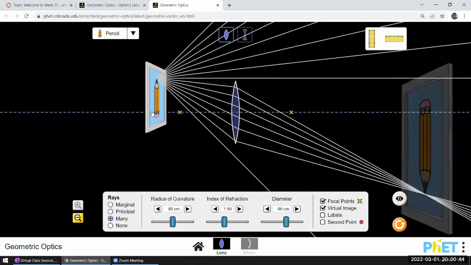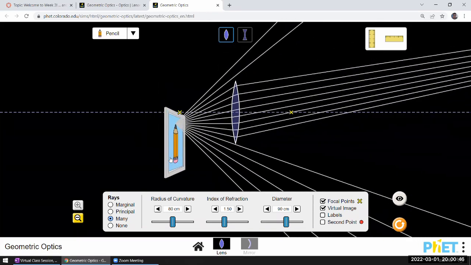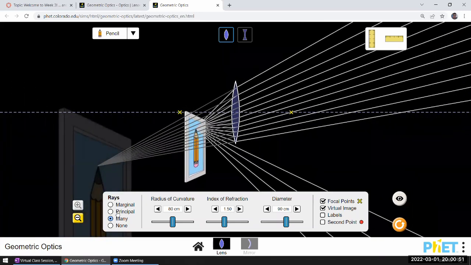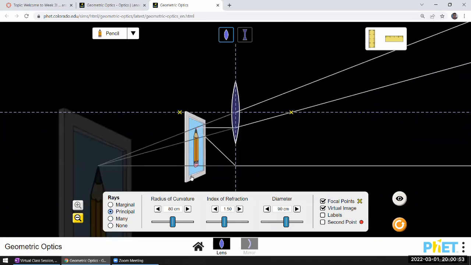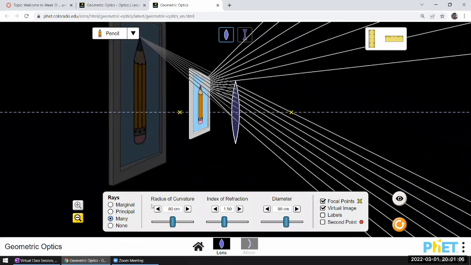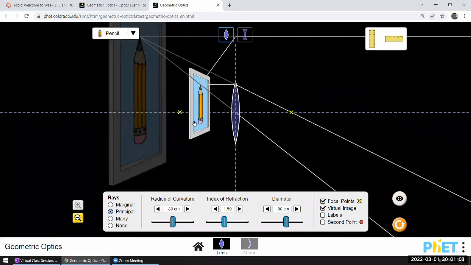When you're drawing a ray diagram for a virtual object, that's when you use the fact that many of the rays that you are not drawing, when you do principal ray diagrams, are still there. And so that's the real physical picture, that there's an infinite number of rays going through the lens that originate from a point. And the principal rays are simply what we draw to help us locate the image.